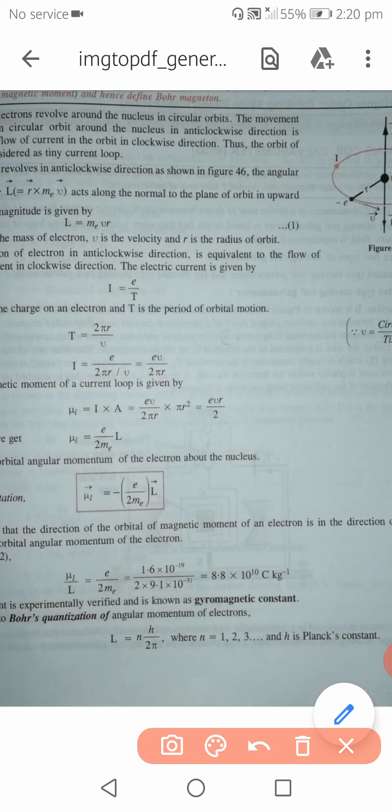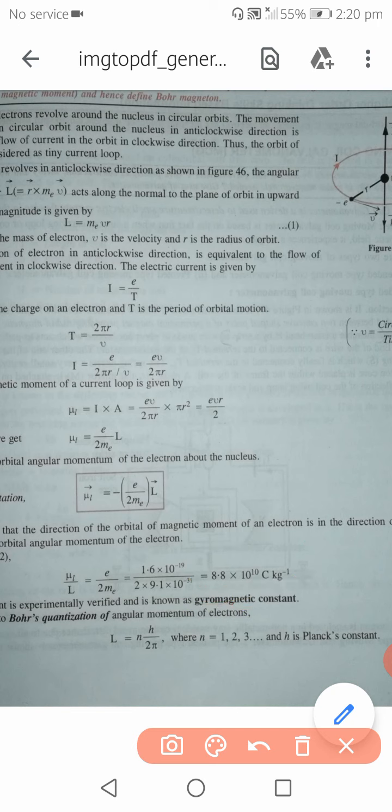So e by 2m is a constant number. e is the charge of the electron, m the mass of the electron. If these constant values are substituted, we get a constant number with unit coulomb per kg. This value is called the gyromagnetic constant.